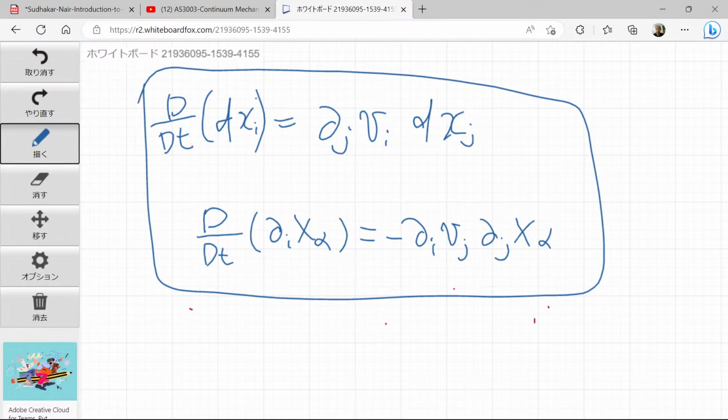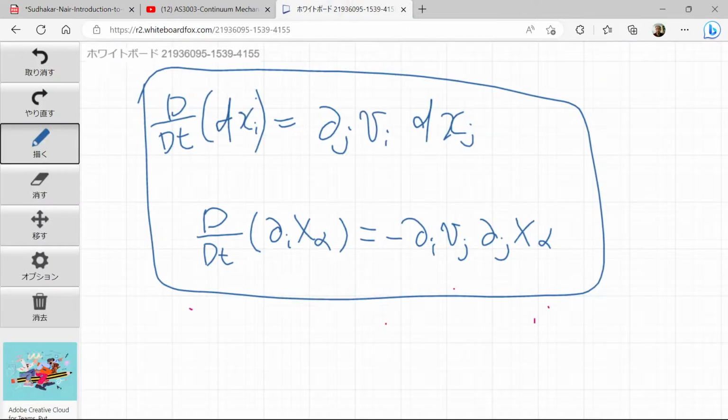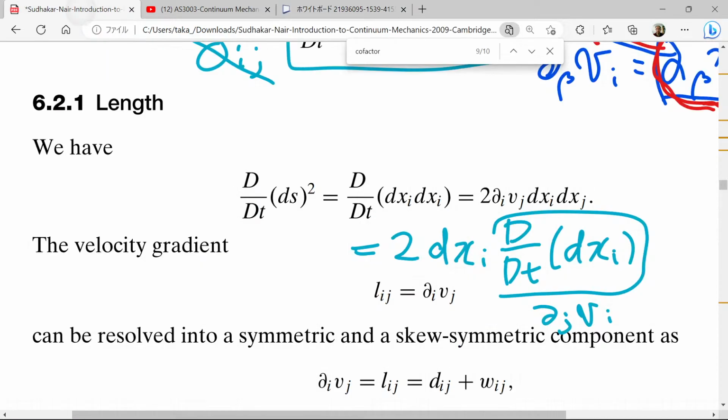So partial j vi, this is like this thing is partial j vi dxj.